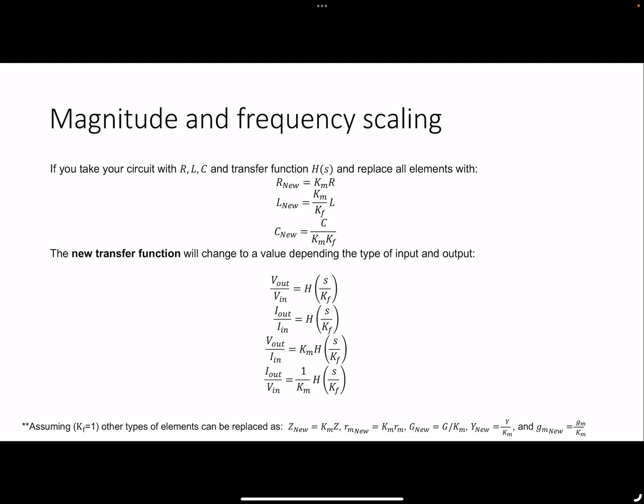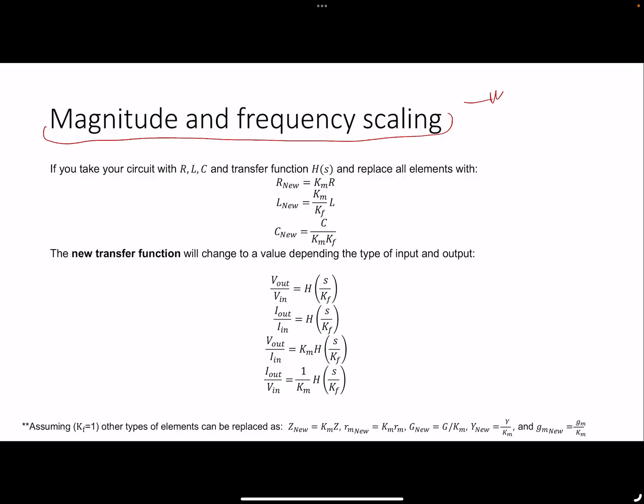Okay, just as a reminder, we've been using this quite a bit for designing filters, so now it makes more sense why we care so much about magnitude and frequency scaling. The idea is quite simple.